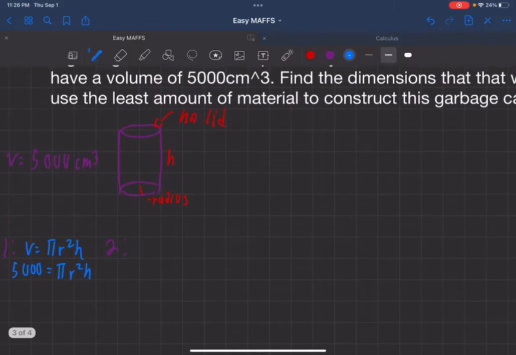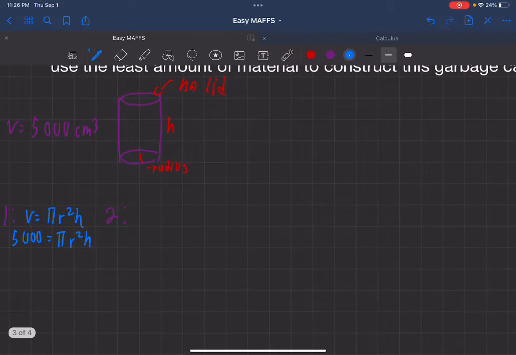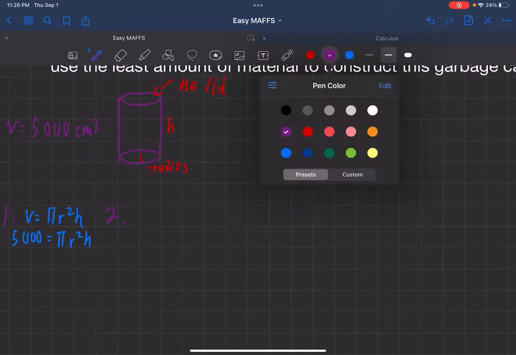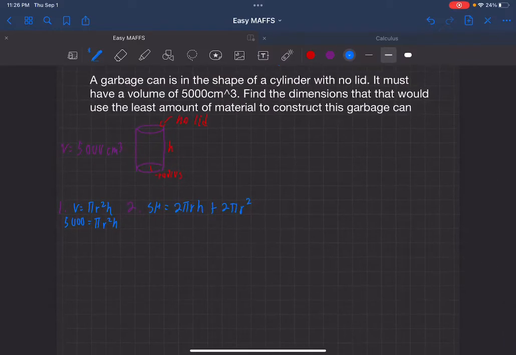All right, step two. What is the formula of the surface area of a cylinder? Well, surface area is equal to 2 pi r times the height plus 2 pi r squared. And what do we notice about this specific cylinder, or in this case, garbage can?